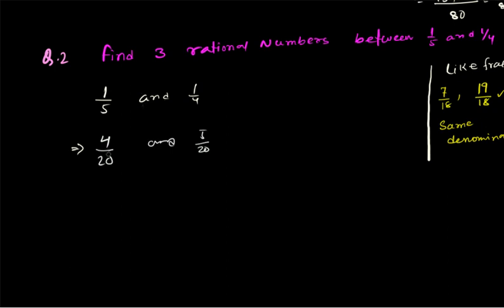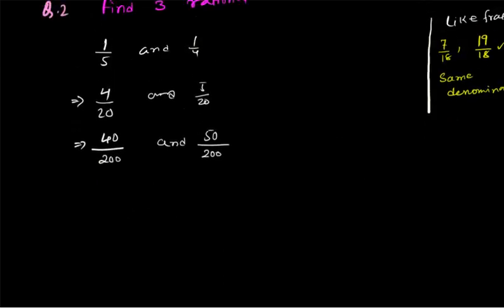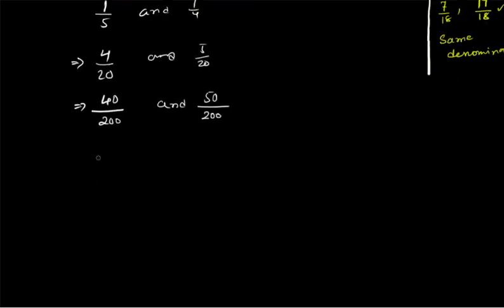After that, you can multiply the numerator and denominator both by 10, so it will be 40 by 200 and 50 by 200. Now it's very easy, I can find 9 numbers between 40 by 200 and 50 by 200.